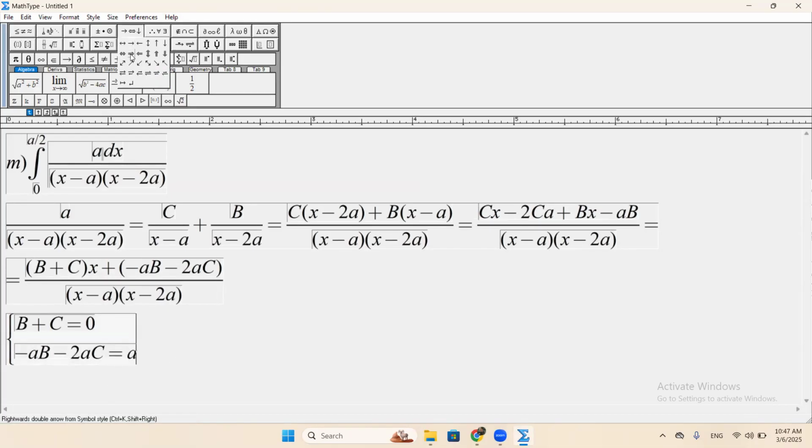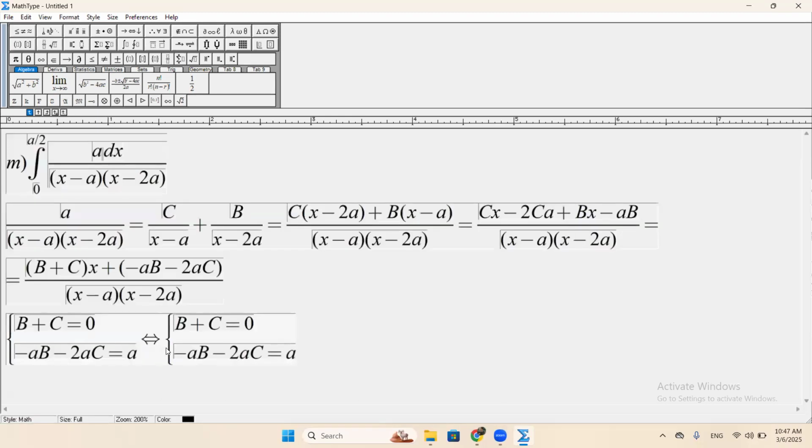Let's divide the second equation by a. We suppose that a is not equal to 0, because the integral from 0 to 0 equals 0. And also let's divide it by minus a.